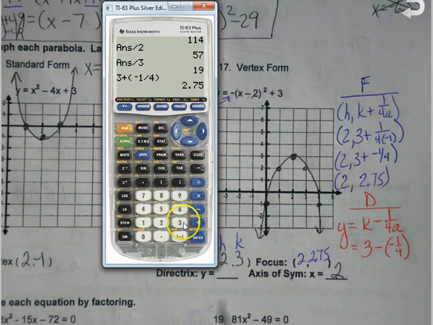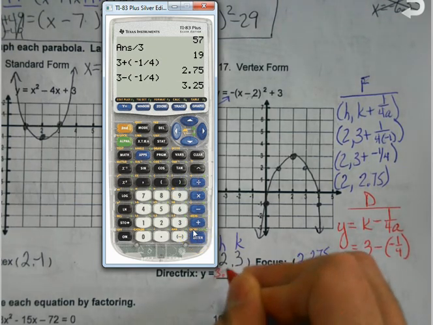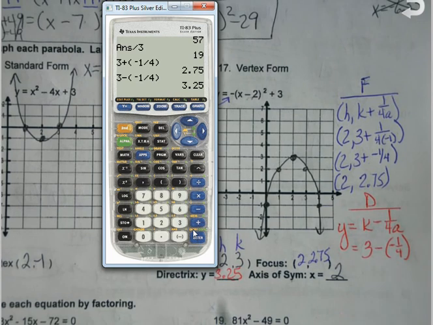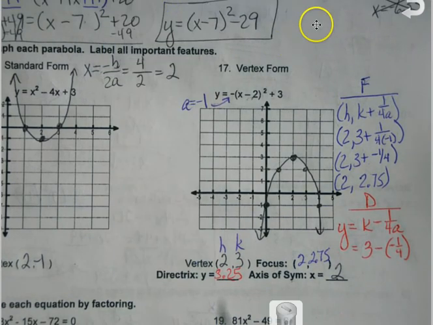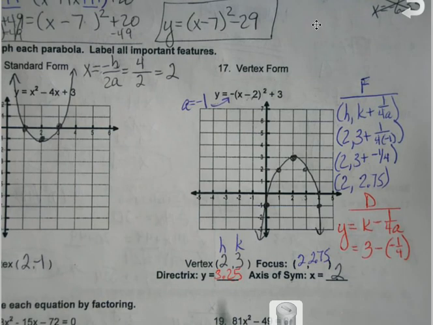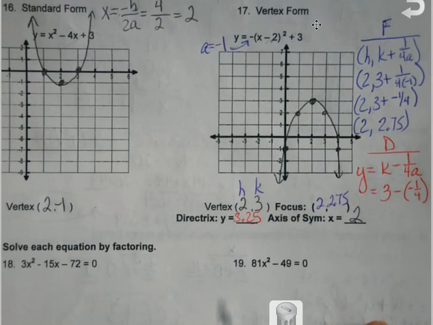And again, you can do that on the calculator. 3 minus -1/4. 3.25. That's fine. So it's okay to use the helps that you have. It's just got to know a couple of things. With the green sheet, you don't even have to know it. You just got to be able to look at it and copy. So again, not terrible.